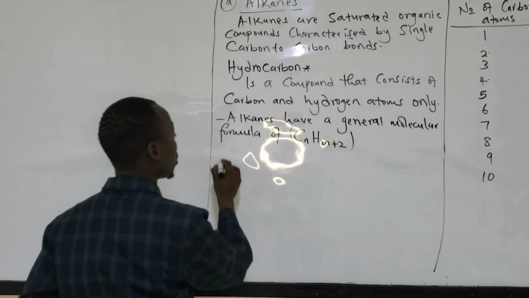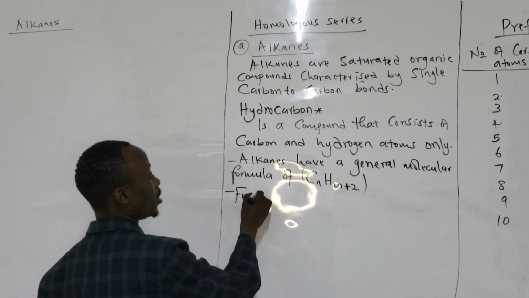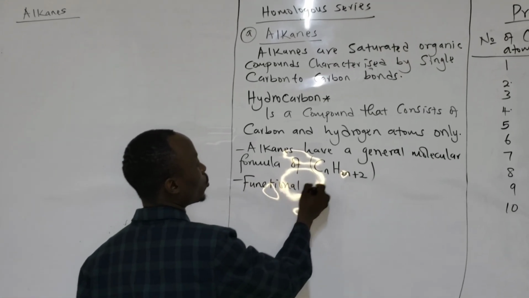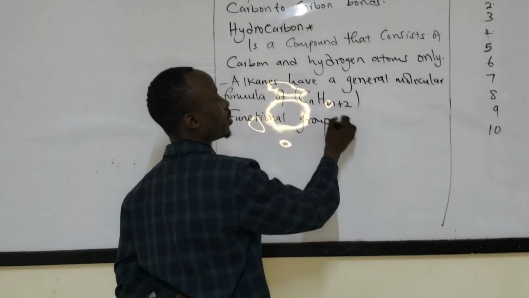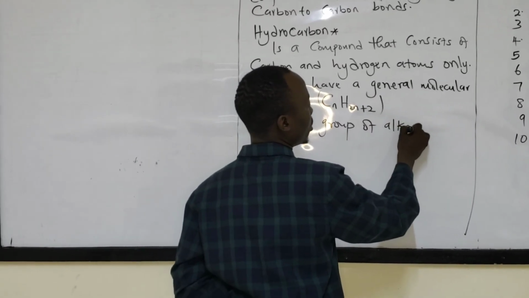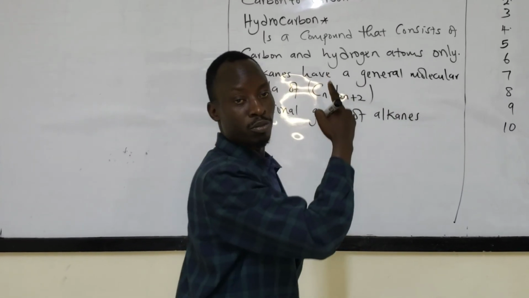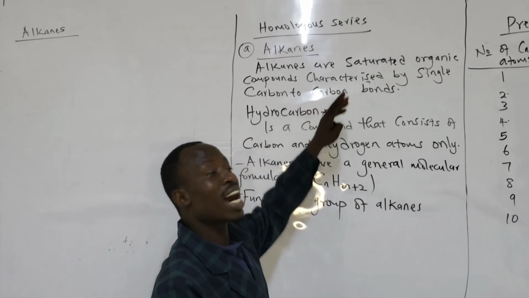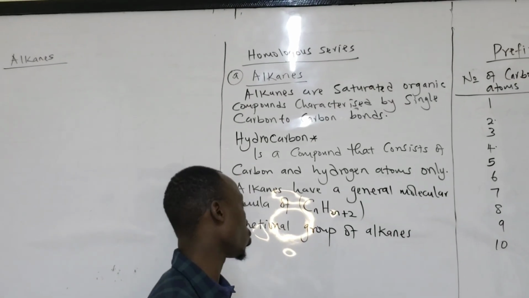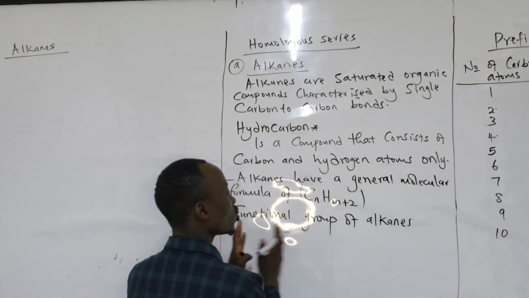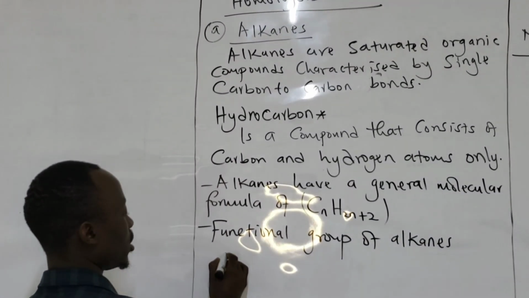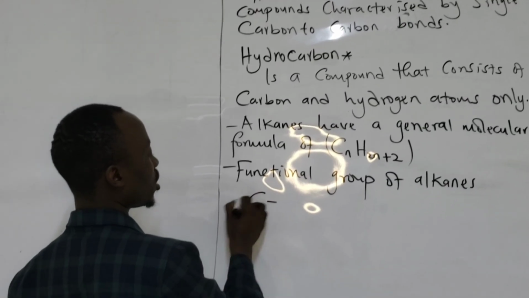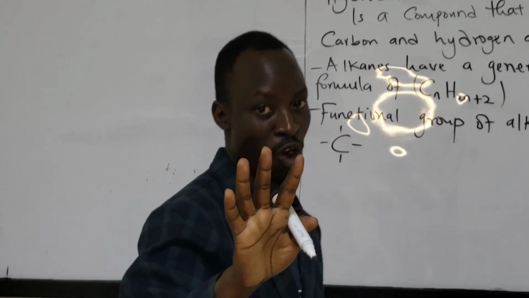Then we must also remember the functional group of alkanes, since we have said they are characterized by single bonds from carbon to carbon. The functional group of an alkane must be a carbon surrounded by how many bonds? 4.